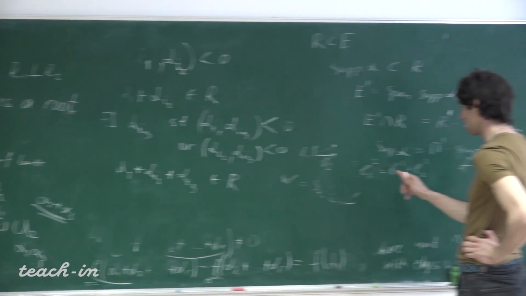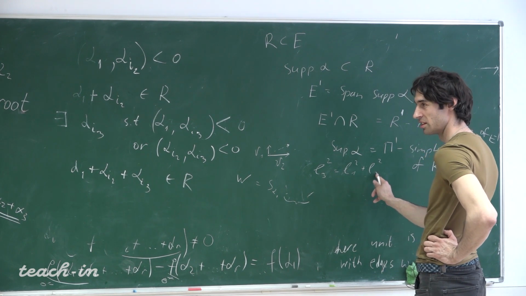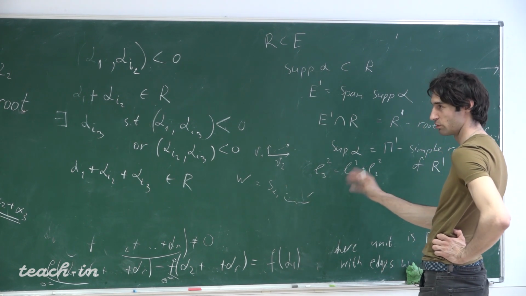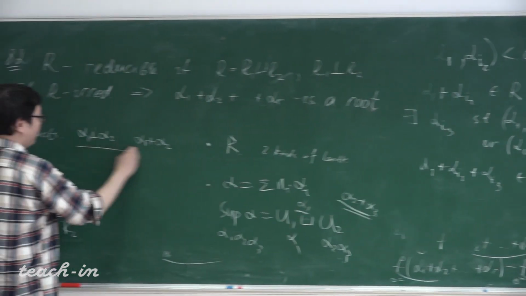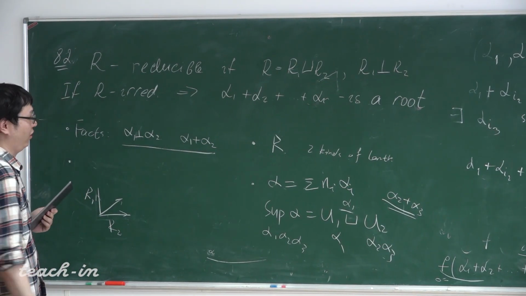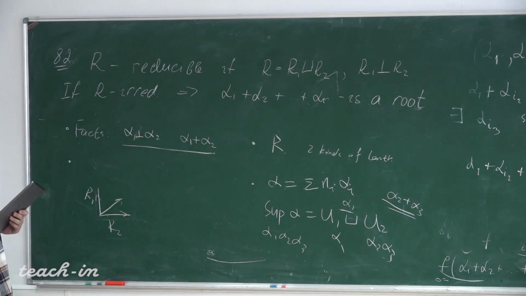Yes, and then if L1 and L2 are not equal, then L1, L2, L3 are all different. Yes, okay, I agree. And if they are equal, we reduce to this kind of situation.